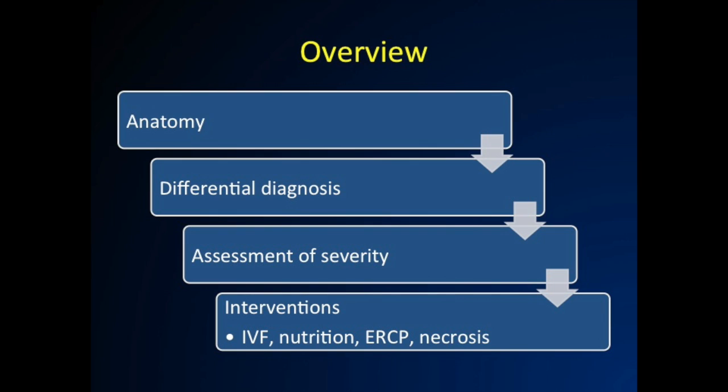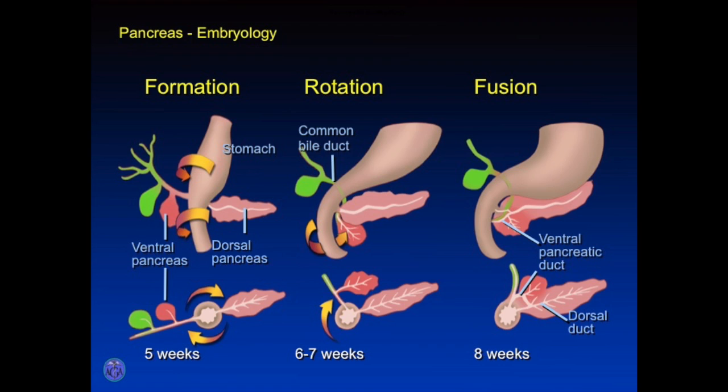Some considerations on differential diagnosis. Should we be thinking about something other than acute pancreatitis? How do we gauge severity in that first 48-hour period? And then the interventions will be how we conclude, and then the necrosis piece and fluid collections, we may or may not have time for that depending on how long I take for the rest of this.